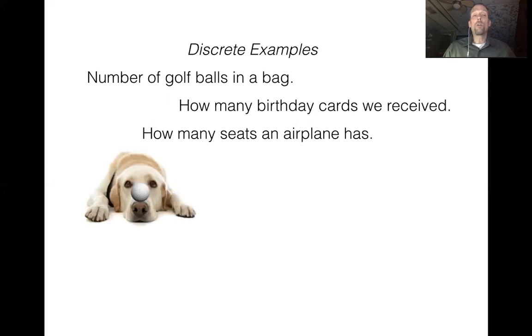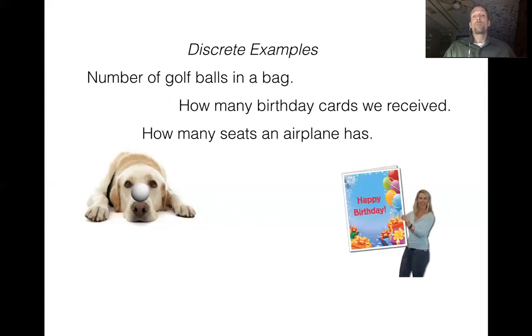Like if we go to the golf course, we can't really go into a golf bag and take out half of a ball, right? We can only have 3 balls or 4 balls. We can't take out 3/4 of a ball to tee off with. It doesn't make any sense. So we can count up the golf balls, but we can't have a fraction of a golf ball. So that helps us understand that golf balls would be discrete. Number of birthday cards you get on your birthday would be a good one.